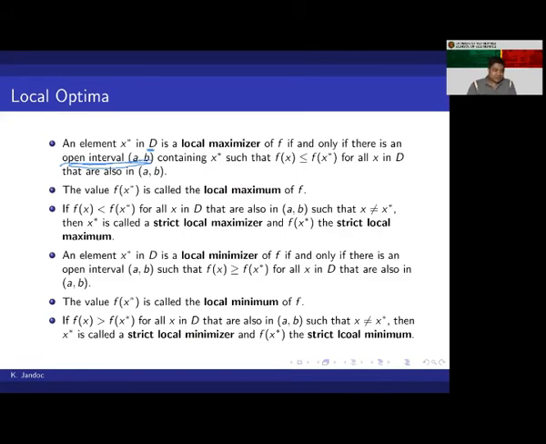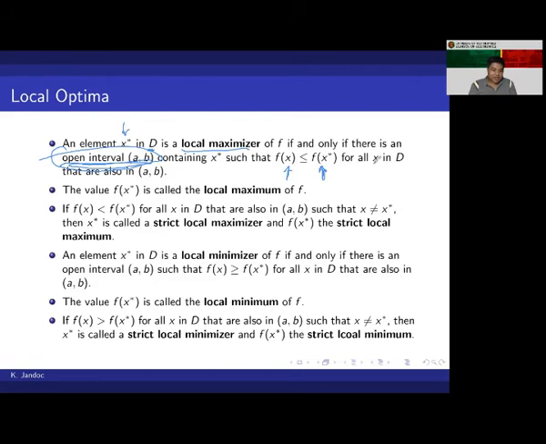If you find an element x star that yields a value not lower than any other x in this open interval, not the whole domain but just a particular slice of that domain, then we call x star a local maximizer. As the name implies, it's just local to that open interval, not to the whole domain.